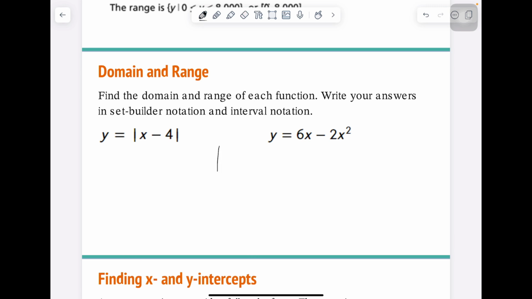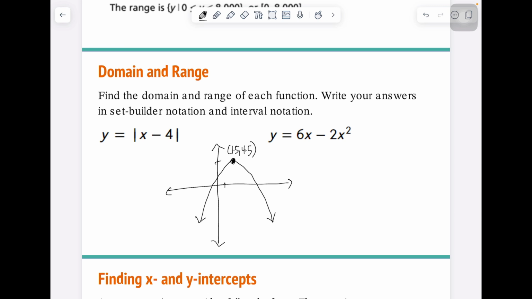The graph looks like a parabola, and it is at 1.5, 4.5 going down. Look at the graph. It's still a parabola. It just goes down, it widens. So that means your domain, or your set of x values, covers from negative infinity to positive infinity, or x such that x is a real number.